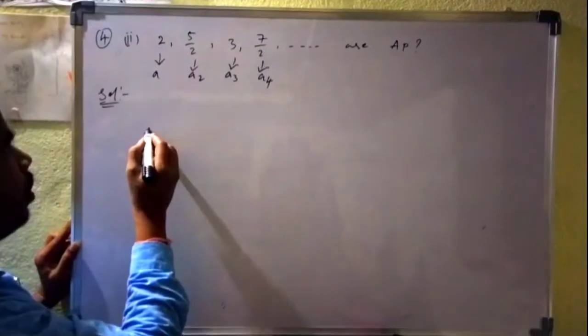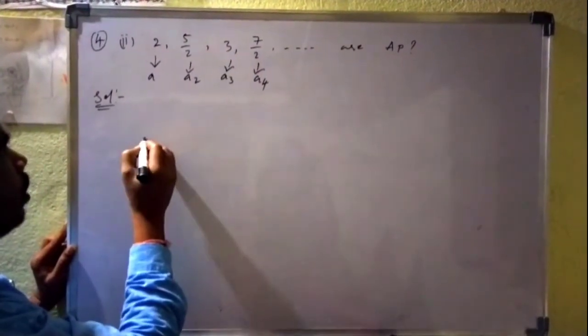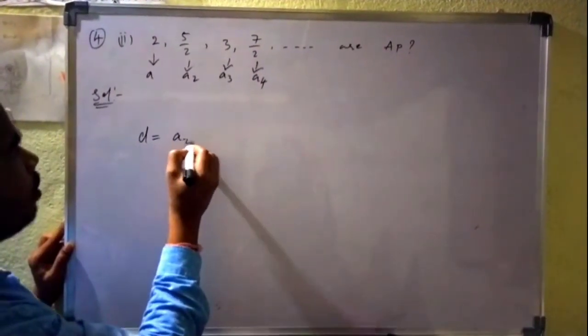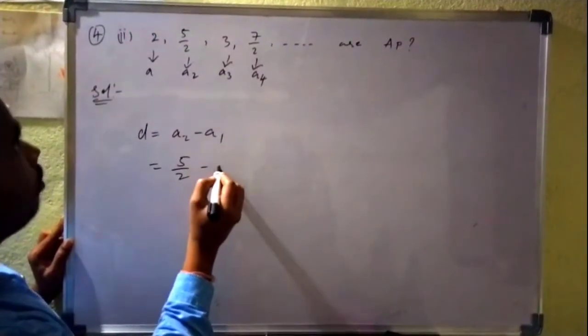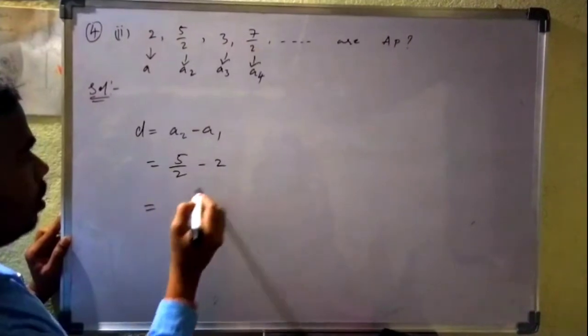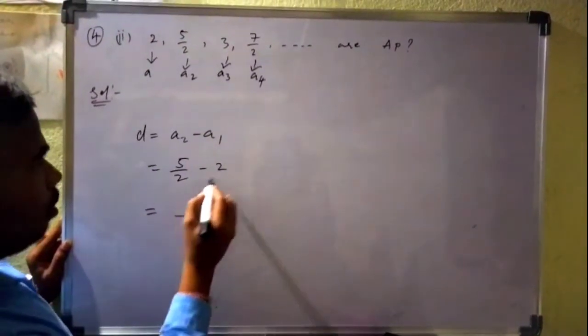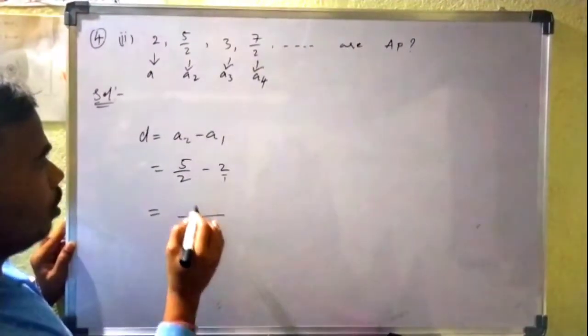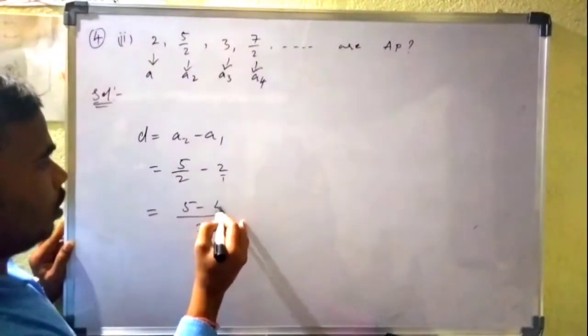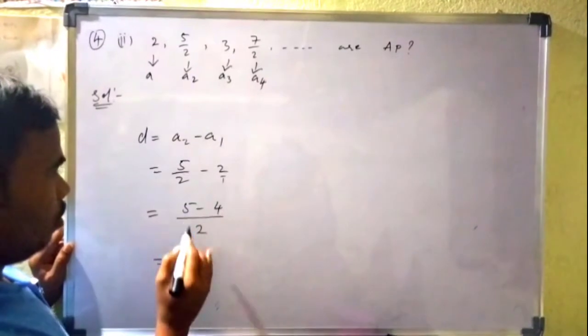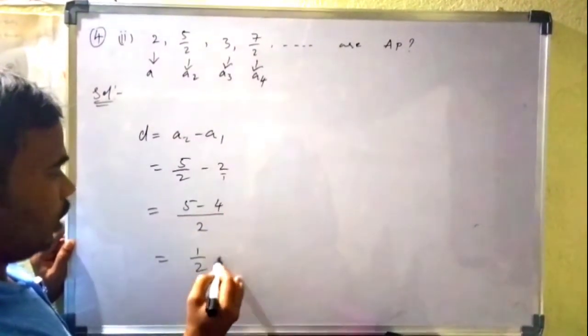So first the common difference: a2 minus a1 is 5/2 minus 2. Here the LCM is 2, 2 twos are 4, so 5 minus 4 is equal to 1/2.